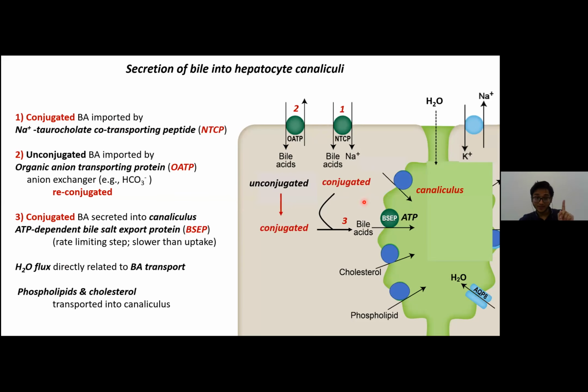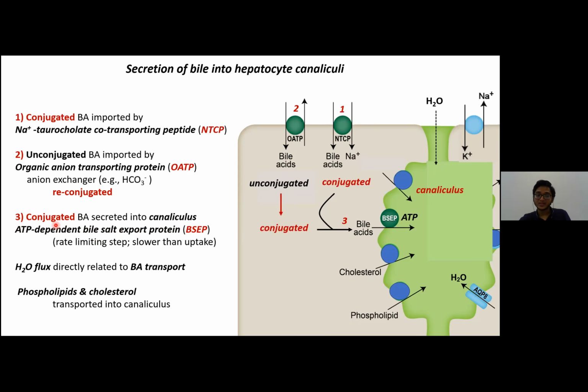You need to know that bile acid secretion is an example of active transport. It came in our exam, I remember, that which one of the following is an example of primary active transport? The answer was bile. And you need to know that the pump responsible for bile acid secretion is called bile salt export protein, BSEP, and this again is ATP dependent.